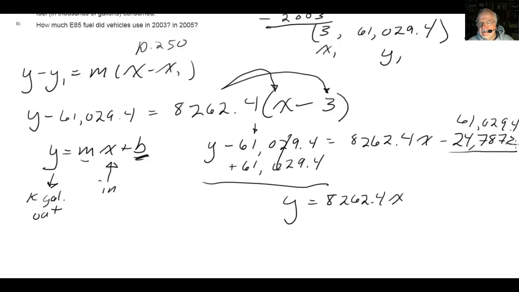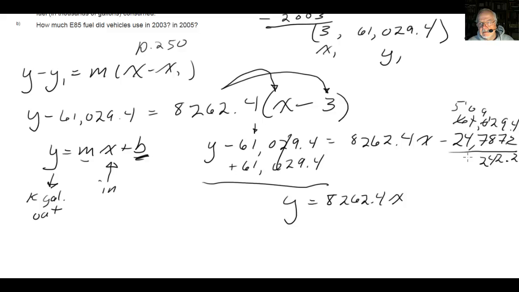8,262.4x minus, alright, 2 from 4, that's 2. 7 from 9, don't forget the decimal point, 7 from 9 is 2. That makes that a 12. 8 and 4 are 12. That's a 0, right? So this is going to be 5.